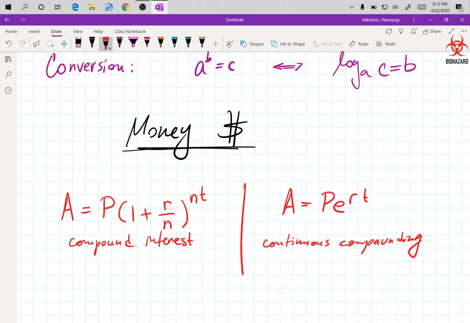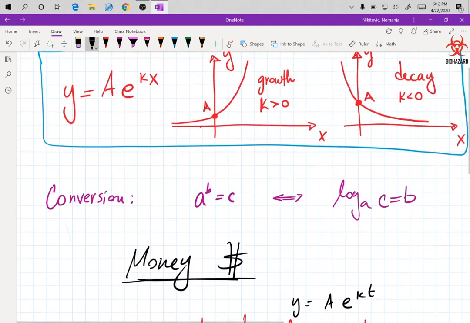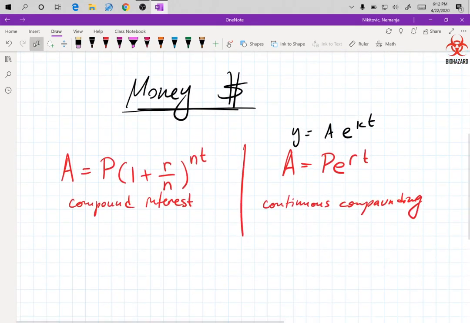Please note that this is your old y equals a e to the kt formula, which I mentioned up there.